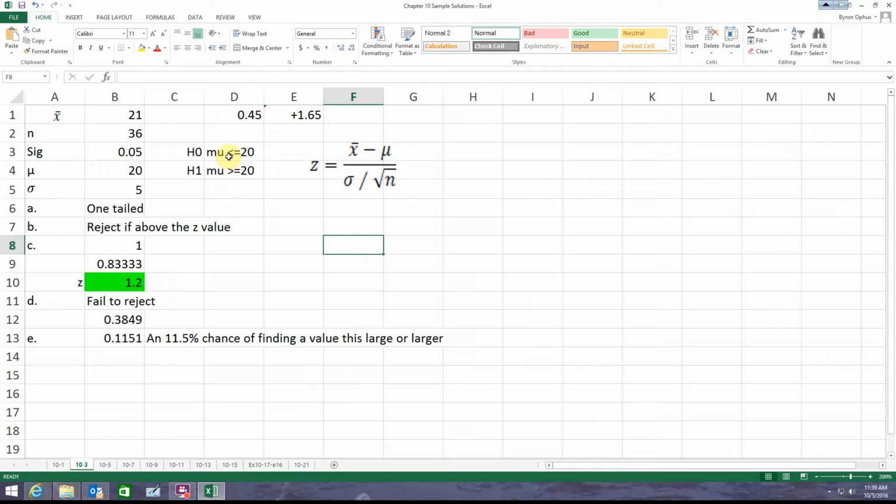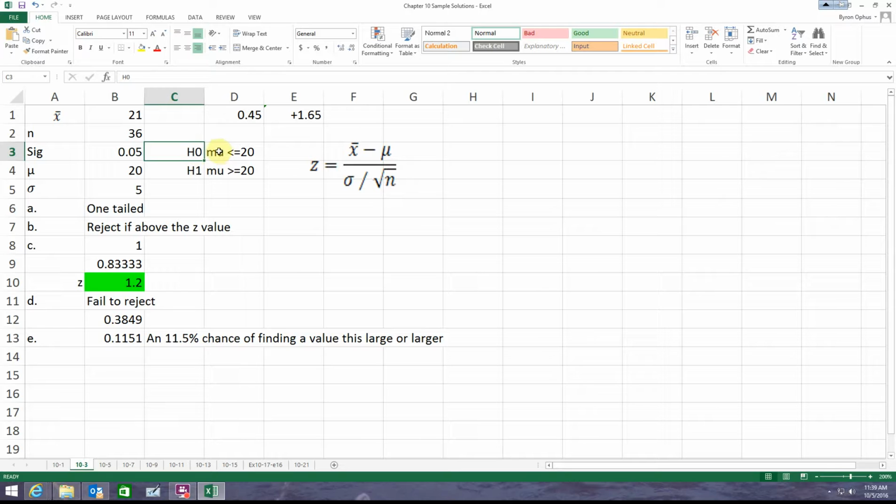Number 3 then says a sample of 36 observations, so my n is 36, is selected from a normal population. The sample mean is 21, and the population standard deviation is 5. Conduct the following test of hypotheses using the 0.05 significance level.